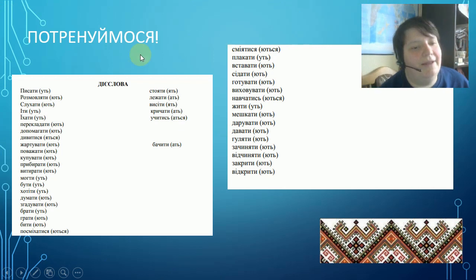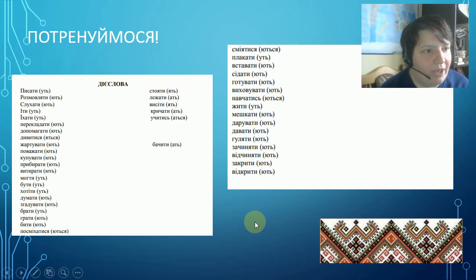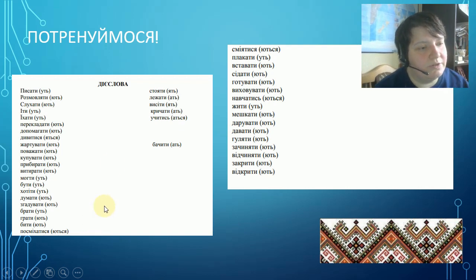So, and let's make a huge practice. Here we have all the verbs, all the most common verbs, and your task is to conjugate all these verbs according to the previous tables in the comments, and you can choose any you wish.